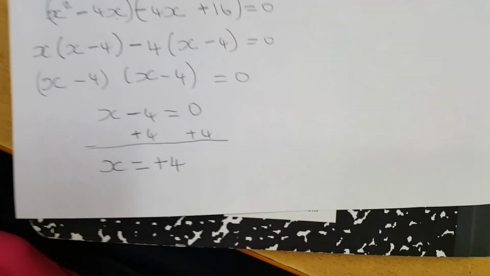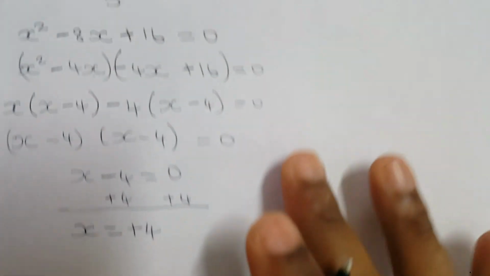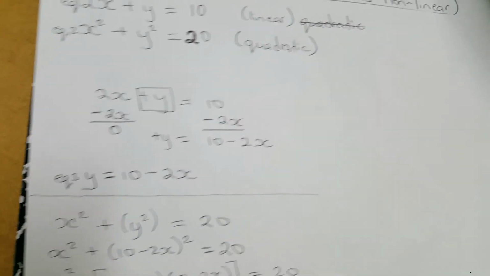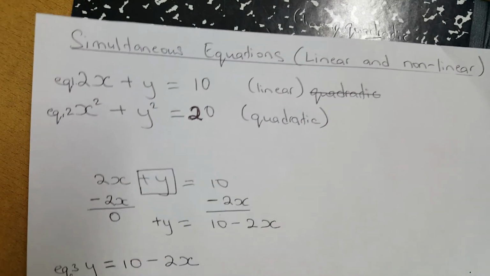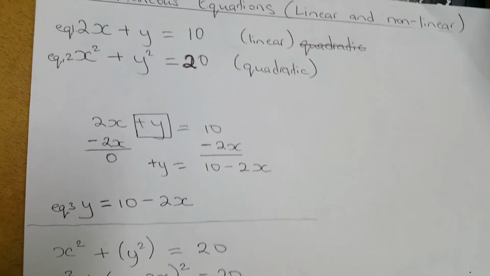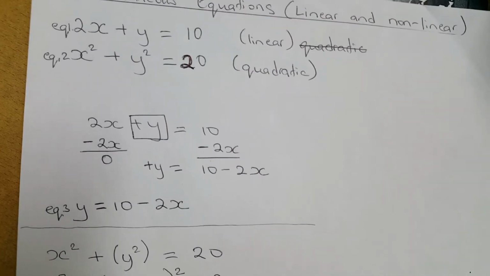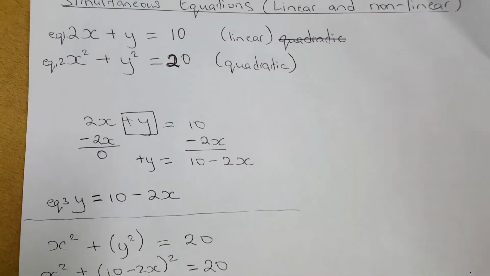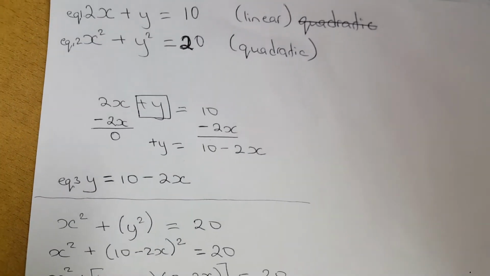All right, so we have successfully found one variable, but remember they gave us two variables in the start. So all you have to do, if you want to use equation 1 now, that is okay, in order to find out what your y value is. So we're going to use equation 1.